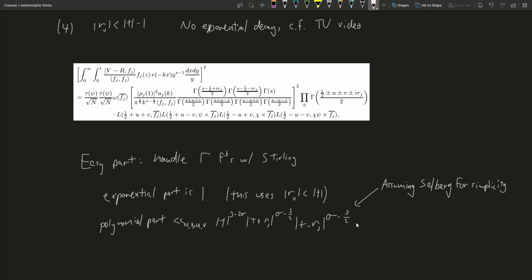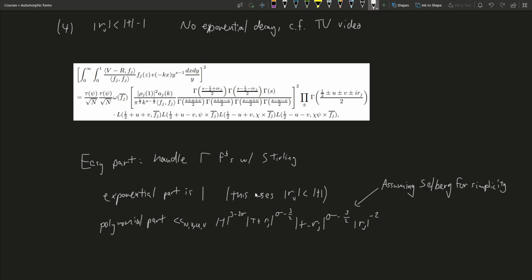And then finally, the power of r that you get from these four things, well, you see that the real part of this is going to be 1/4, and then you have the plus minus UVs, but because you're taking the product over all four sign combinations, these all end up canceling out, and Rj, we're assuming, is much larger than the imaginary parts in U and V. So you can collapse all of those factors into one, and you just have an Rj to the 1/4 minus 1/2, so minus 1/4, and then you take that to the 8th power, so you get an Rj to the minus 2 here.